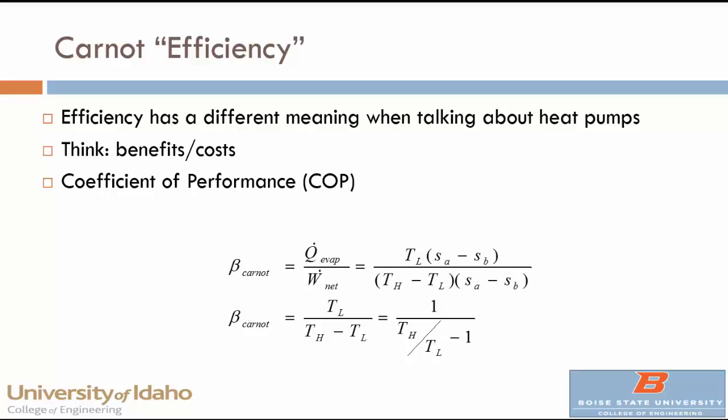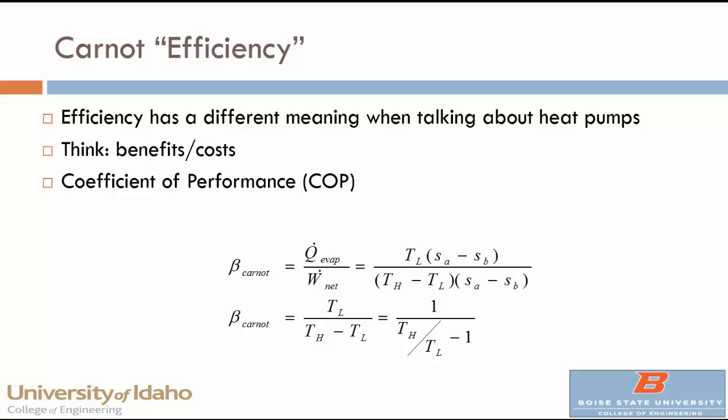And so we can go through the thermodynamics and say the heat is the temperature during the evaporation, the lower temperature, times the change in the entropy between those two points. And the work is given by that equation. Using our knowledge of thermodynamics, we can come up with this very compact expression for the idealized coefficient of performance for the Carnot cycle.